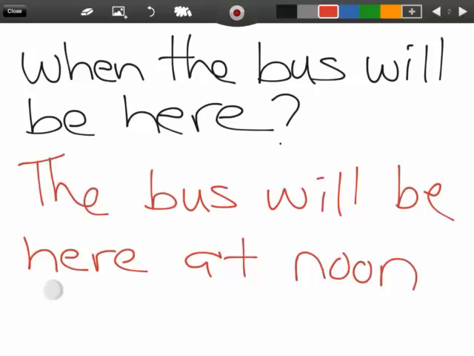Noon as in 12 o'clock, or noon as in midday.